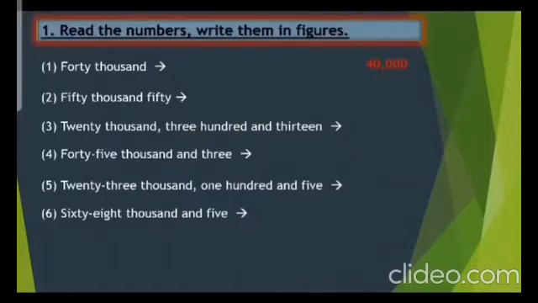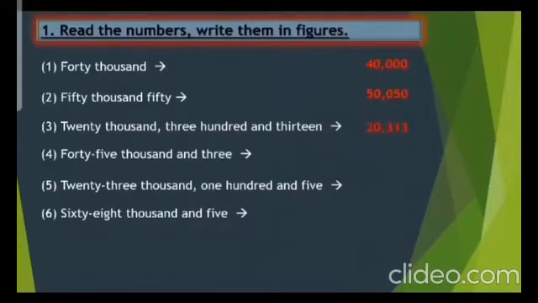Now page number 11, question number 1. Let us do the first question. Let us start the exercise. This question we have to write in your math notebook. The first number is 40,000. Now question number 2, 50,050. Let us see question number 3. It is 20,313.